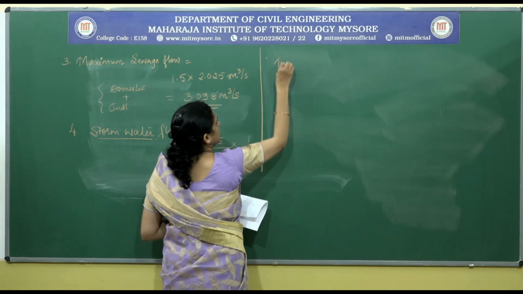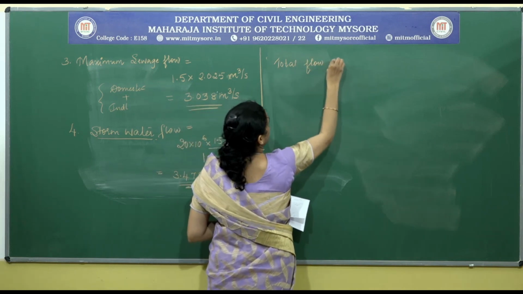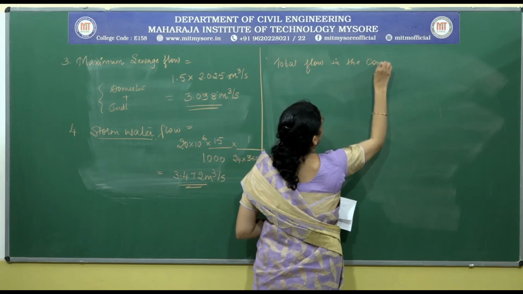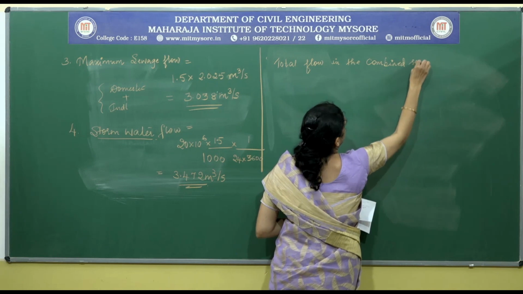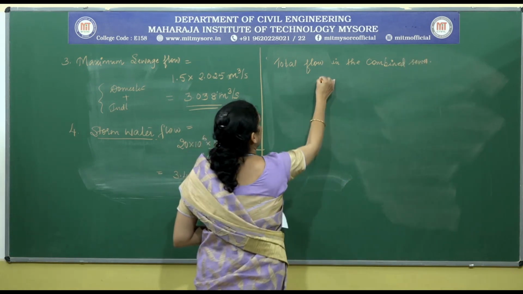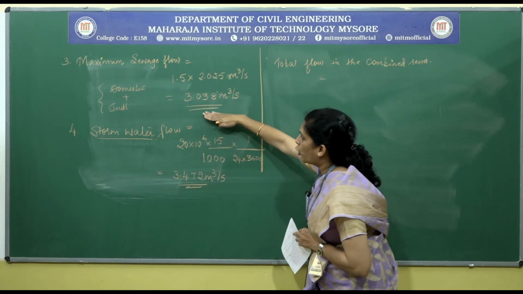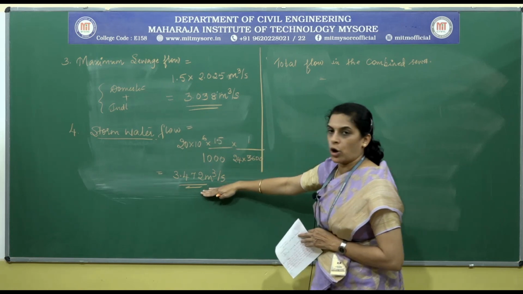Therefore now, very important, total flow in the combined sewer. So the combined sewer means I have to add the flow from the sewage along with the storm water.